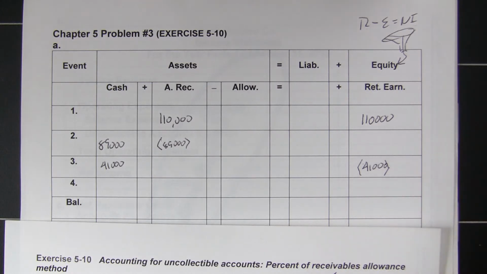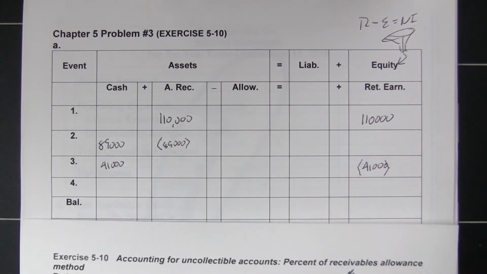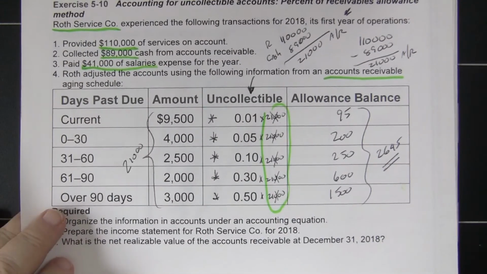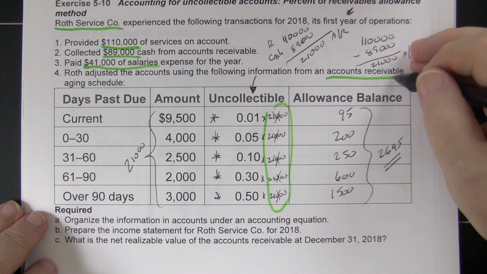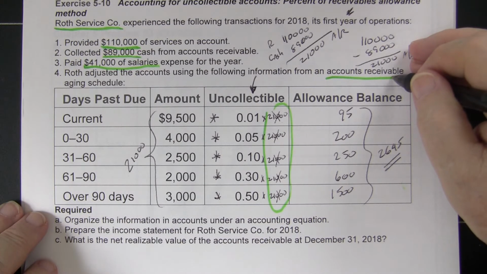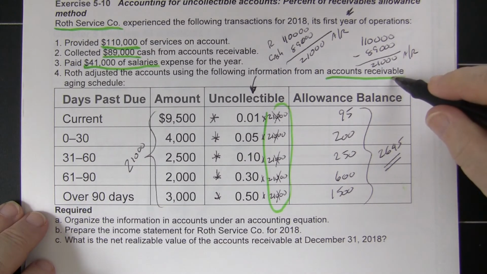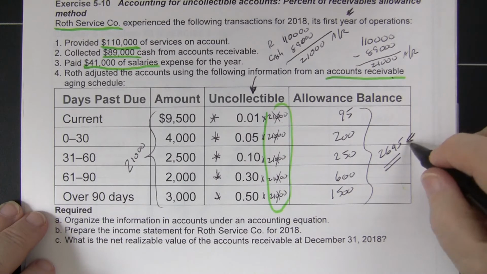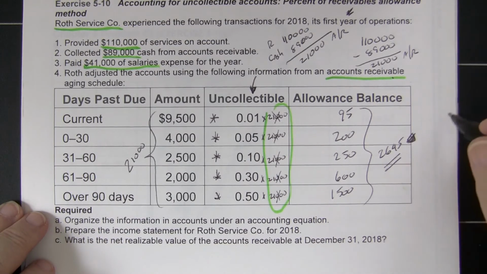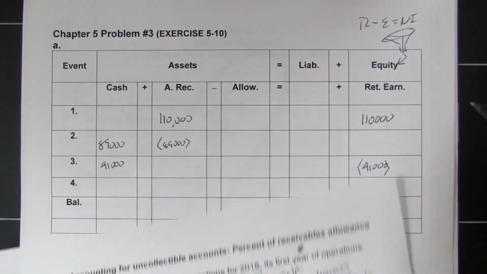And then the last thing, and this is the one that you could have forgotten, was that they say that we adjust the accounts using the following information. So we adjust for accounts receivable. So we have to take this and recognize this as bad debt expense.